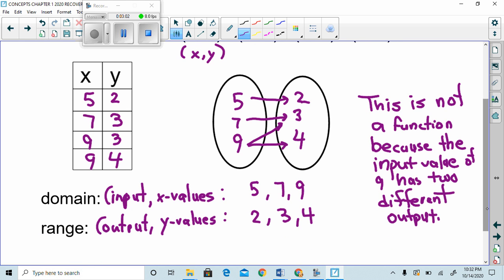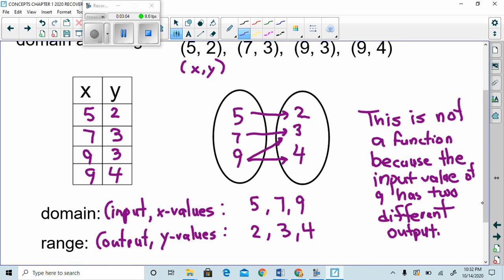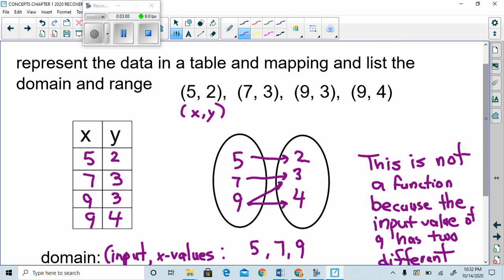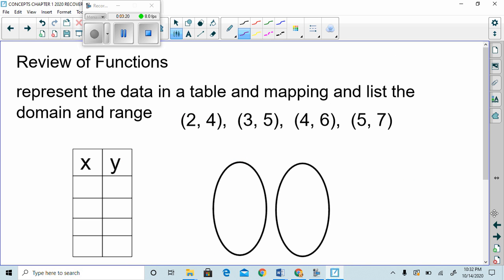So part of what we're hoping to accomplish in this lesson is to look at representing data in tables, either through ordered pairs, through mapping, or a table of values. A second set of problem, just to see another, would be the following.